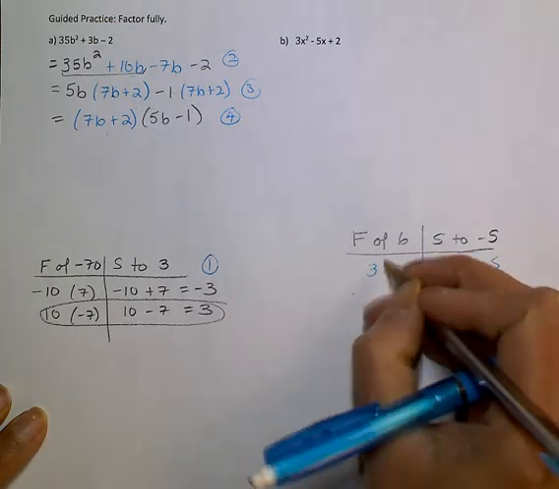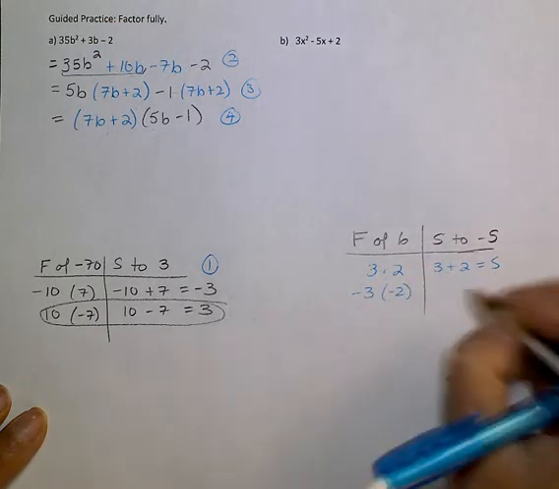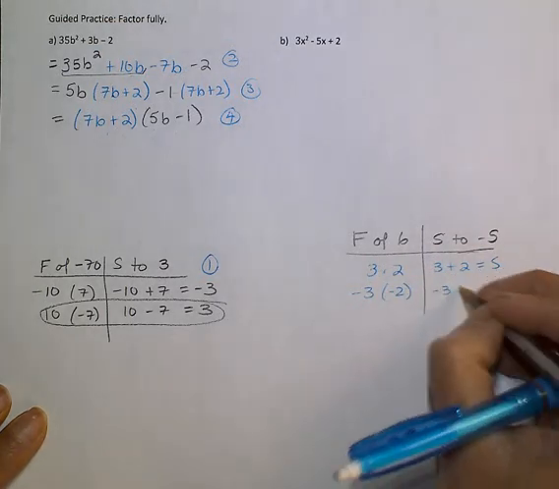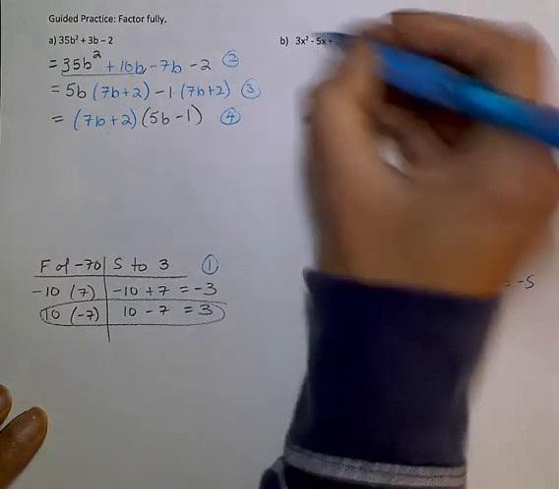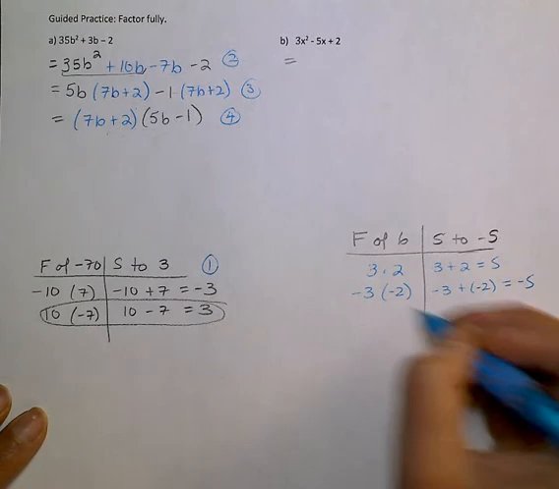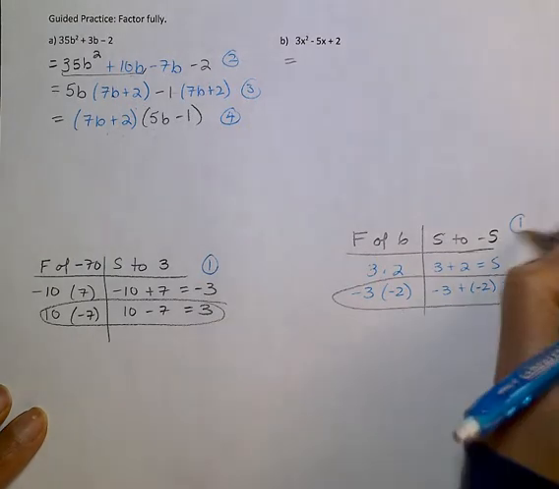So then I've got to change my signs. Negative 3 times negative 2 is also positive 6, and negative 3 plus negative 2 gives me that negative 5. So we're going to use these two numbers to replace the bx term.